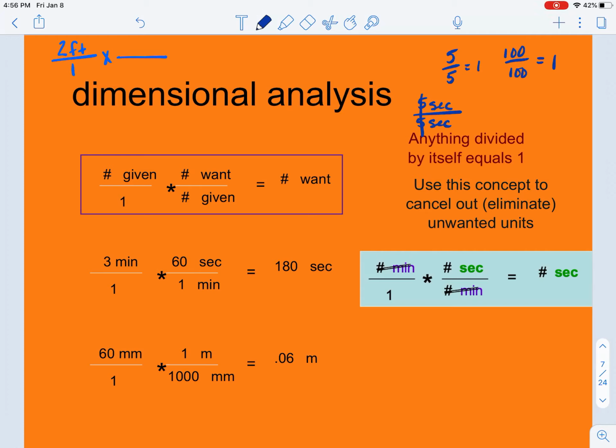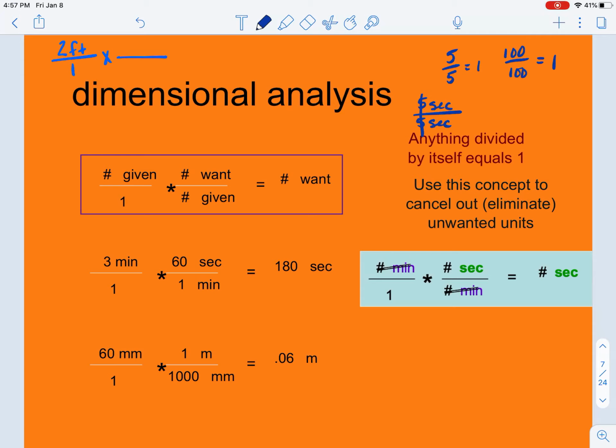They simplify to a value of 1. But my units are going to be treated just like numbers. So just how 5 divided by 5 is 1, or for that matter, anything divided by itself is 1, that's true for my units. Seconds divided by seconds is going to simplify to a value of 1.